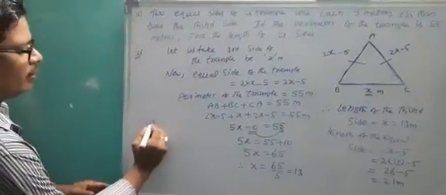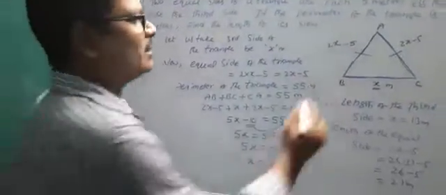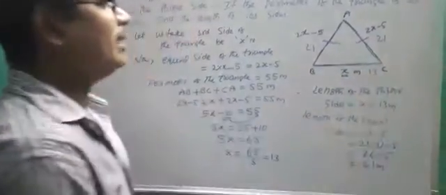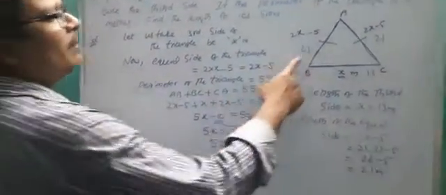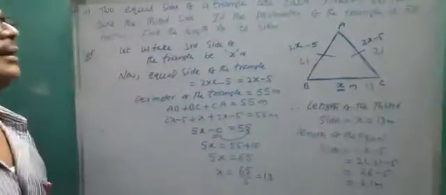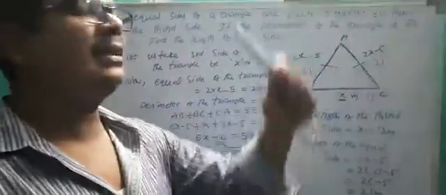Therefore we got all the lengths: this is 21, this is 21 and this is 13. We add all of them: 21 plus 21 is 42, plus 13 is 55. We got the perimeter of the triangle as 55 meters. That is checking.